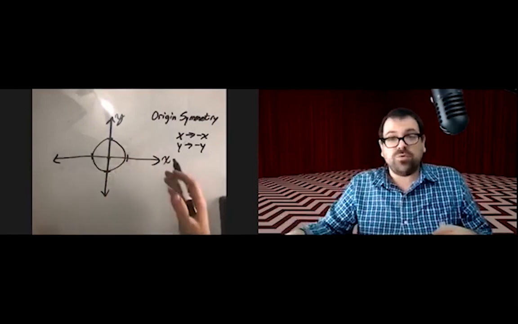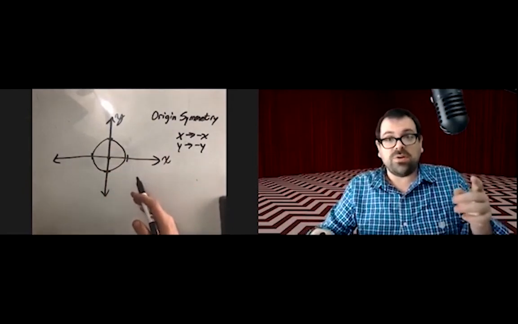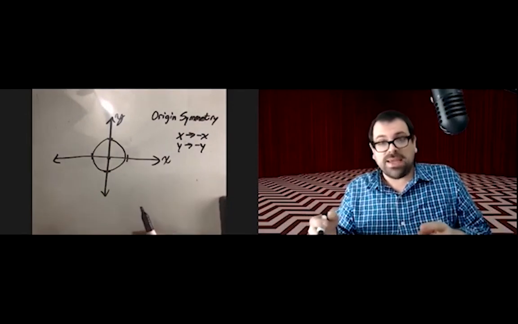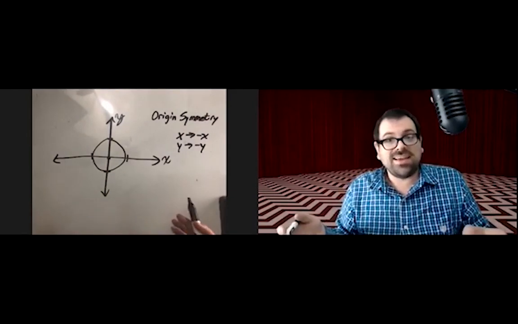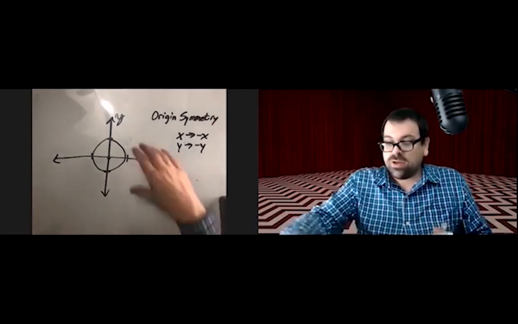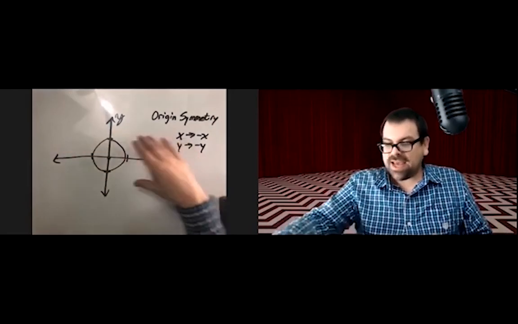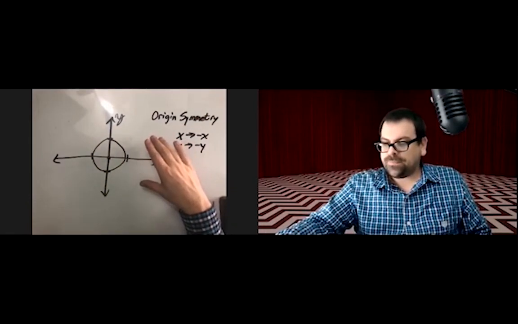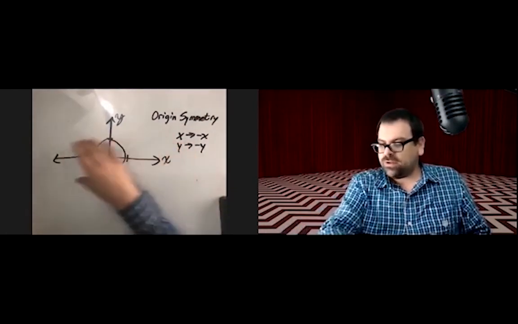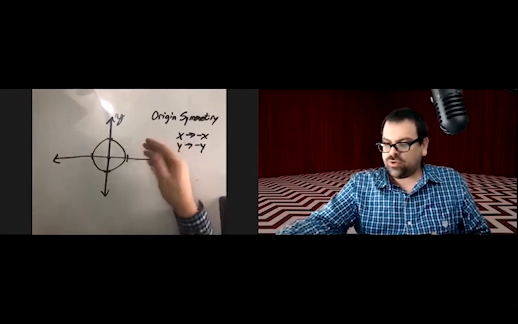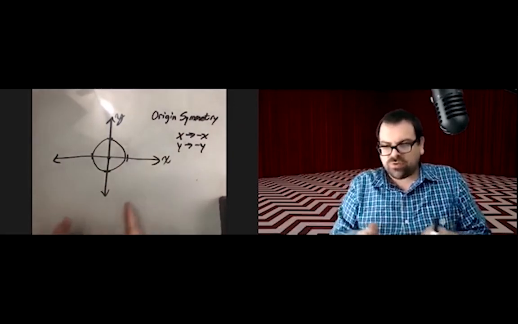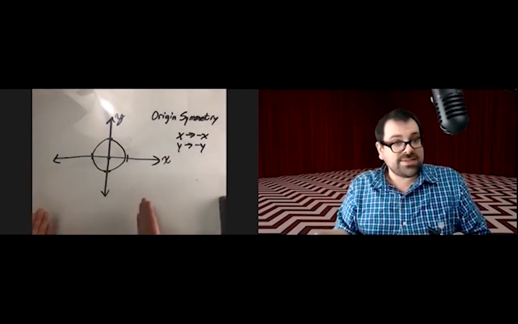In fact, if it moves both up and down and left and right, that's going to mean it's not going to have any axes as symmetry anymore, because it would have to stay on the x-axis. So it couldn't go up or down at all to keep the x-axis symmetry. And it couldn't go left or right at all to keep the y-axis symmetry.